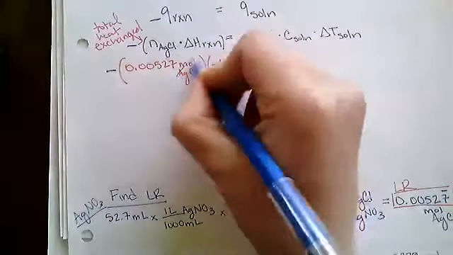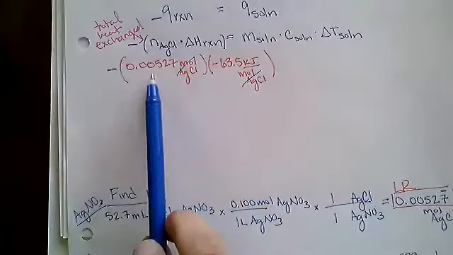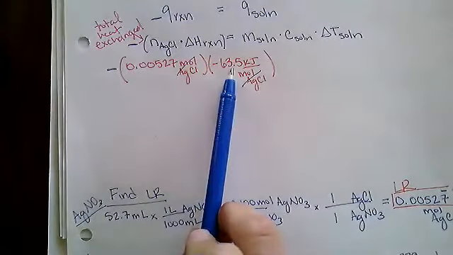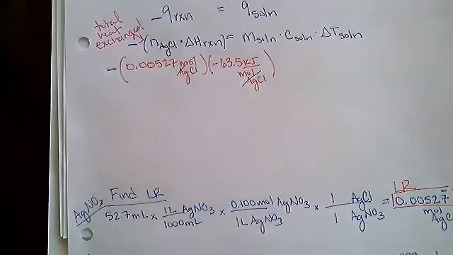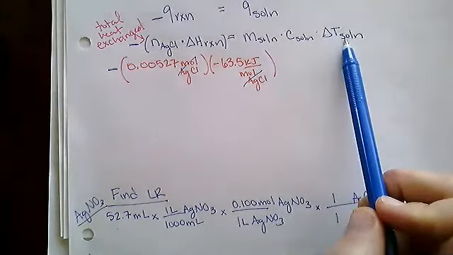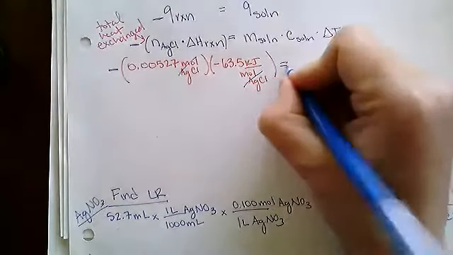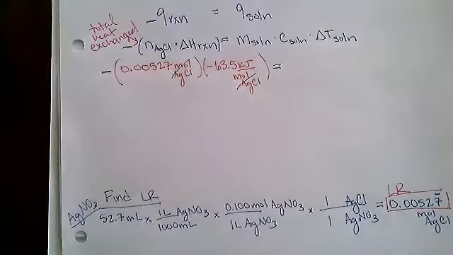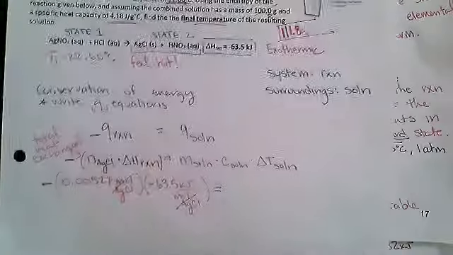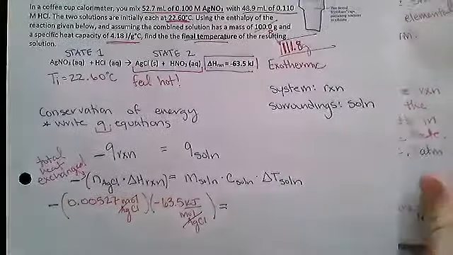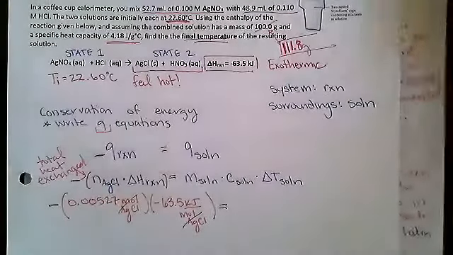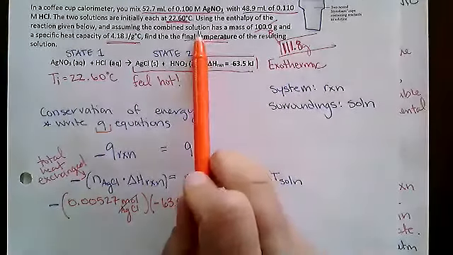So moles of silver chloride canceled. This moles times delta H would tell you the total heat that's being released from the system into the surroundings. So now we have to deal with our surroundings. So in this problem, we have been given the mass of the solution at the end.